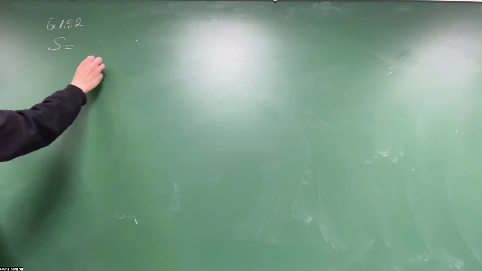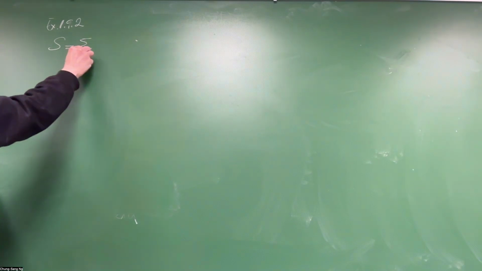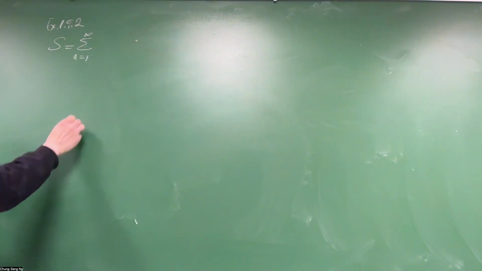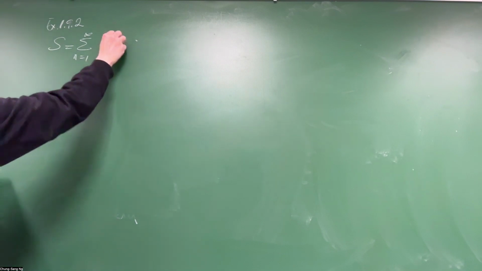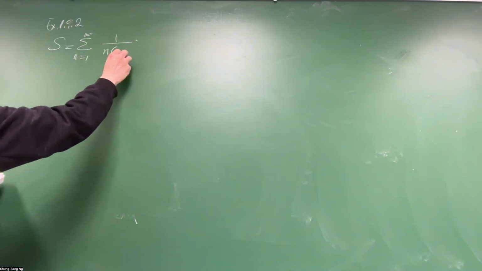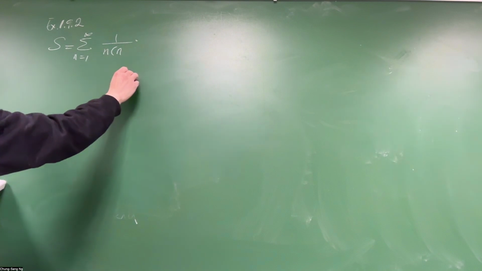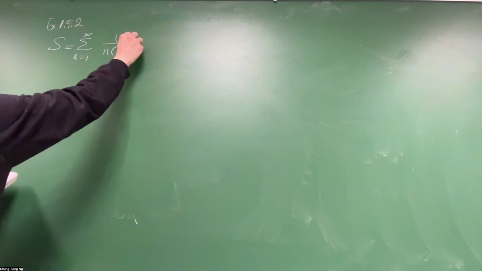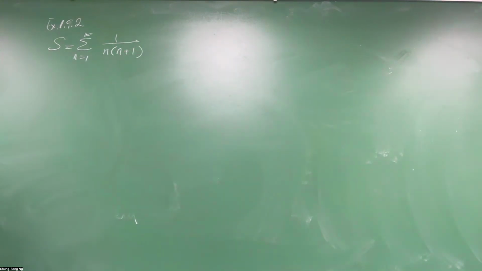Now the series starts from one instead of minus infinity, 1 over n times n plus one. Now this is slightly more complicated.